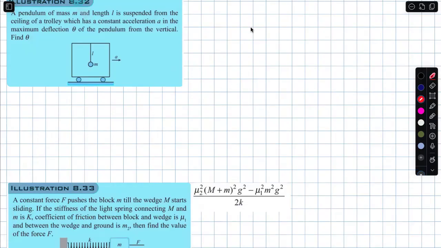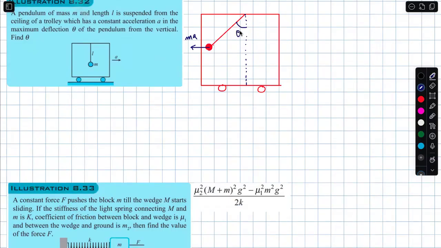Now what will happen is, in the reference frame of the container, we have mA. And that is a maximum theta.